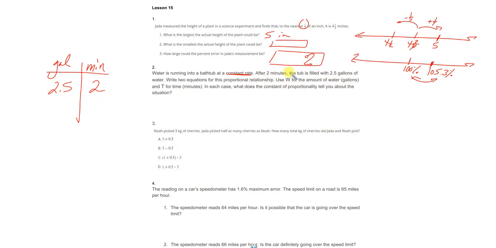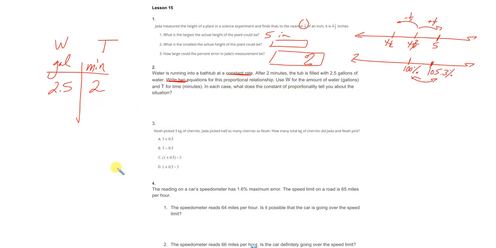Use W for the amount of water, so we're going to call these W's, and we're going to use T for time in minutes. So these over here are T's. Oh, hold on. It says write 2 equations. I'm sorry. Write 2 equations for this relationship. And then for each one, what does the constant tell you about the situation?